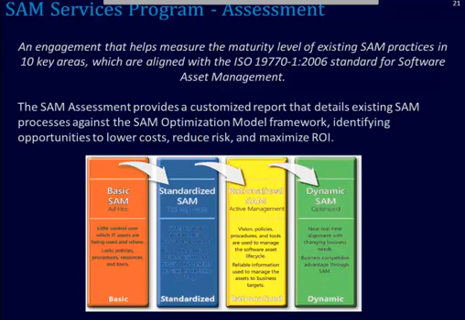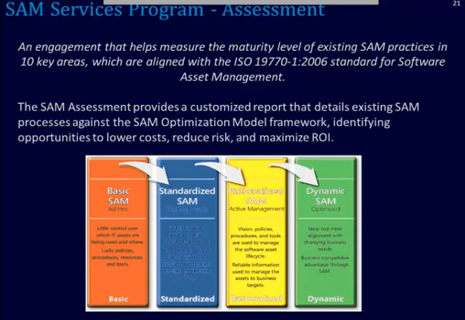Then we take all of that information, compile an analysis, and present back to you areas where we think we can help you lower costs, reduce risk, maximize ROI, and move you to the next maturity level. So that is the SAM assessment: a simple questionnaire identifying your current position and our ability to consult with you to help achieve more mature levels as you move forward.